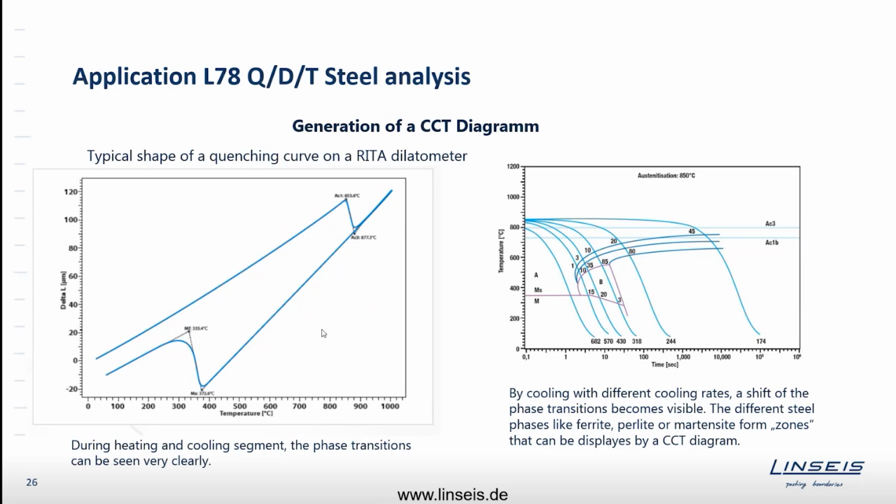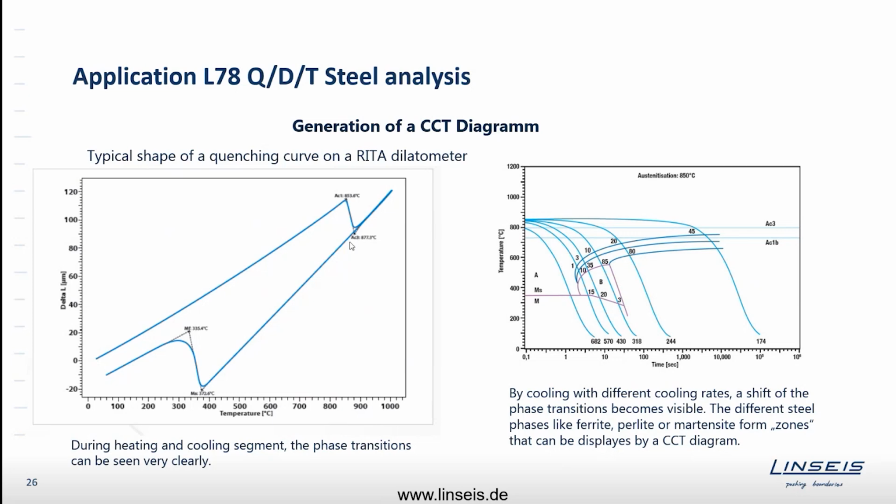If you cool down very slowly, the transformation will be shifted, and out of the cooling speed and heating speed, you can determine what kind of phase you will get at room temperature, and that directly influences the hardness of your steel, the behavior of your steel, if it's soft, brittle, or stiff. That can be determined using heating and cooling diagrams like this.